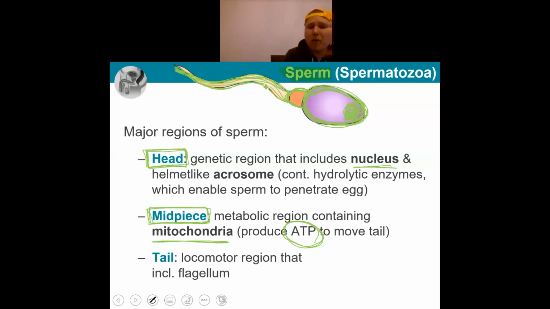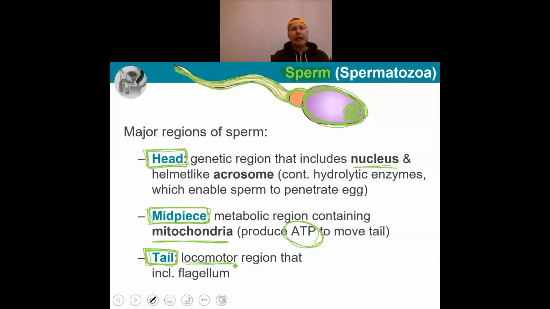And this movement burns a lot of energy. So that's why we have all of these mitochondria at the midpiece, to provide the energy for this locomotion function of the sperm cell.